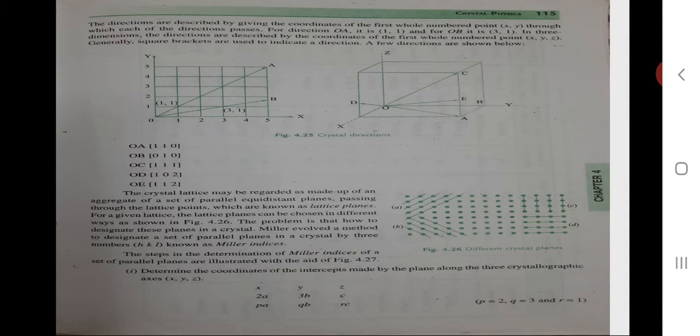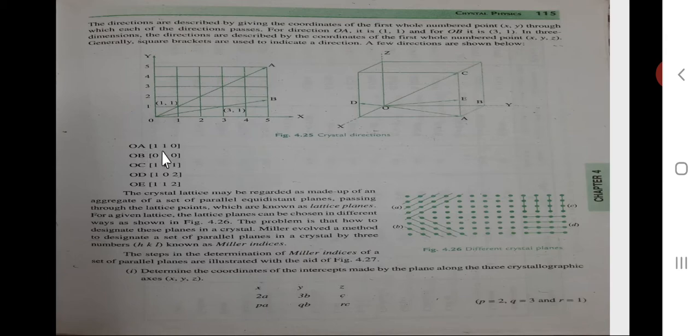In three dimensions, the directions are described by the coordinates of the first whole numbers point in brackets x, y and z. Generally, square brackets are used to indicate directions. A few directions are given below.